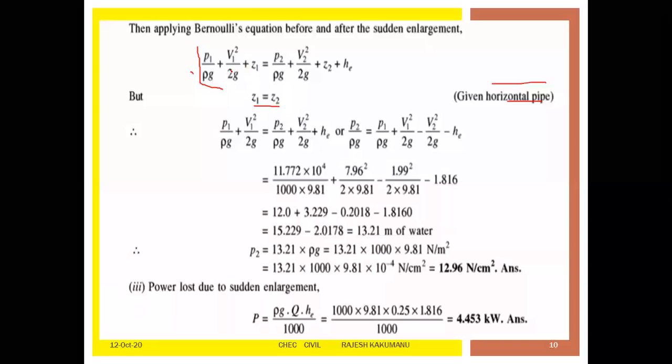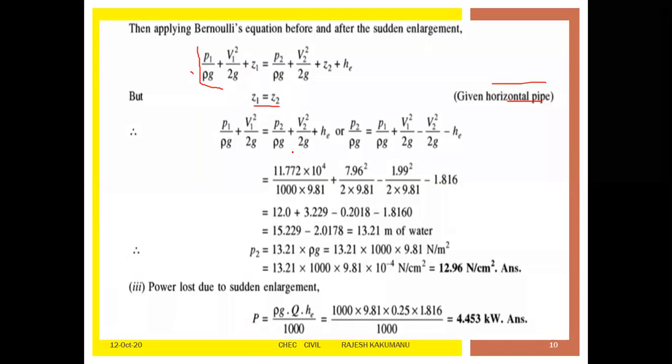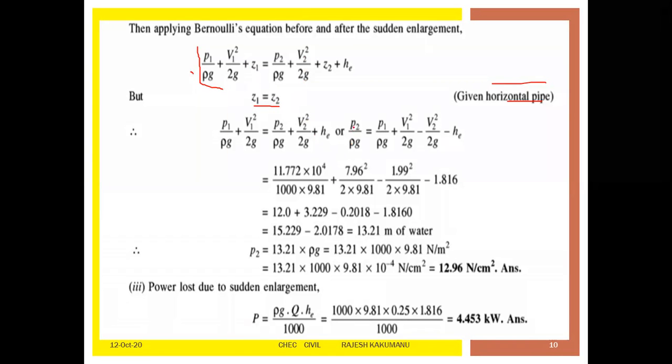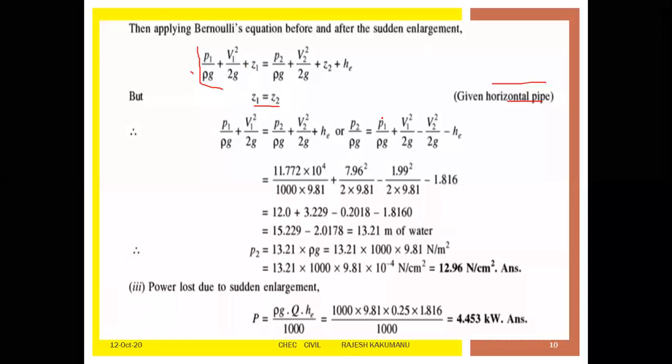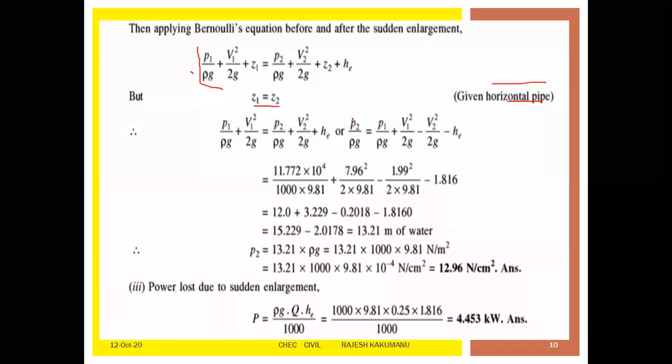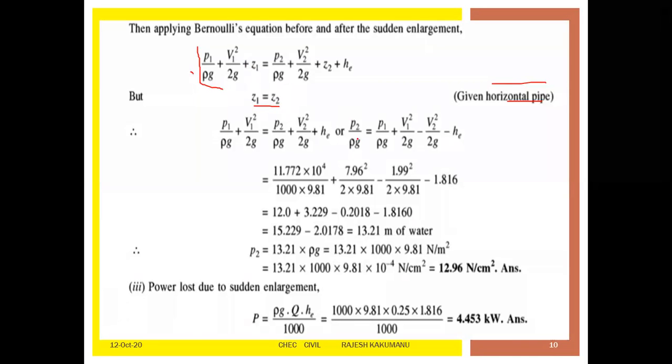Therefore P1 by rho g plus V1 square by 2g is equal to P2 by rho g plus V2 square by 2g plus He. What do we need? P1 is obtained, so we take the P2 value.